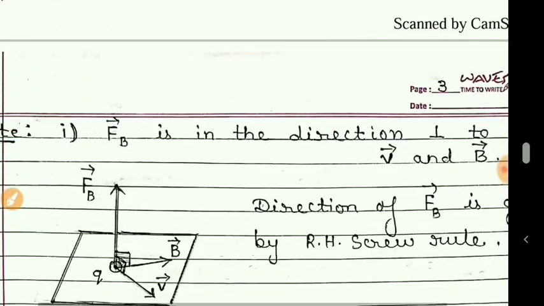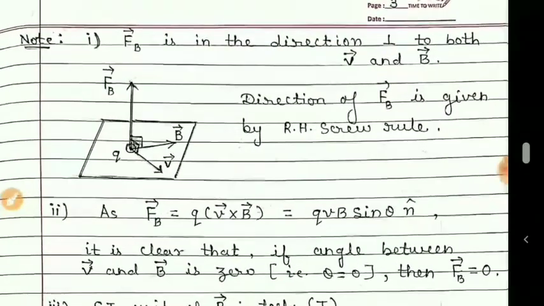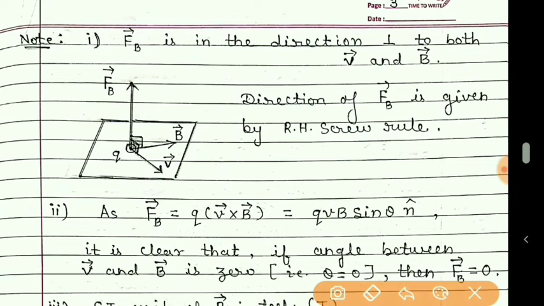Here a figure shows how you can get the direction of this force. You can see that if the velocity is in this direction and the magnetic field is along this direction, both velocity and magnetic field are in a plane, and so the force acting on this charged particle will be perpendicular to that plane in which this velocity vector and magnetic field vector lie.